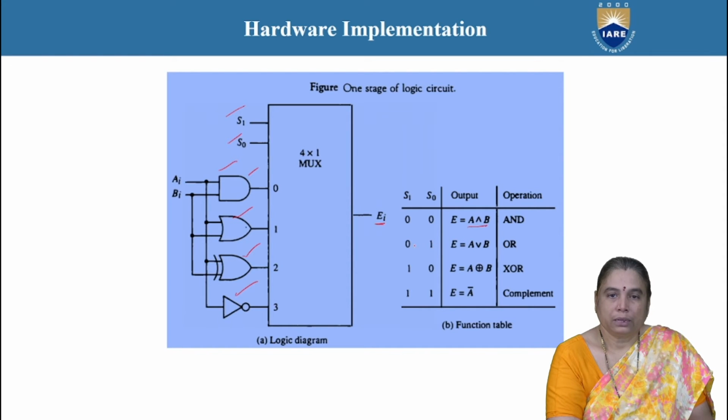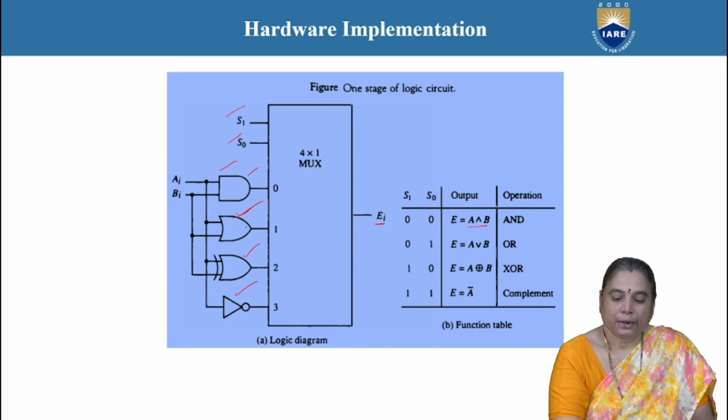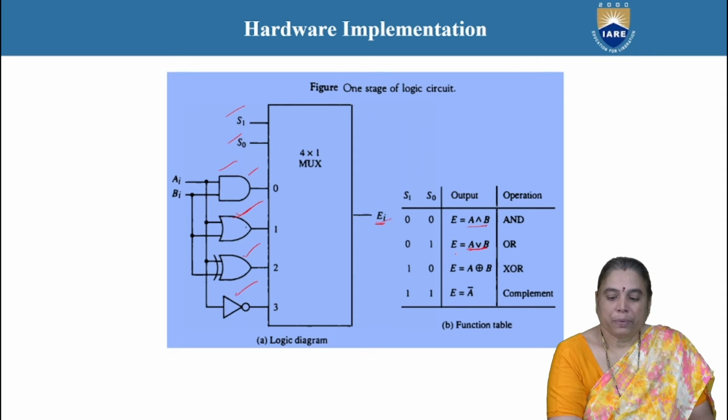In case of selection lines 0 and 1, the OR gate is selected, the inputs A and B are ORed, and the output E represents this OR operation.